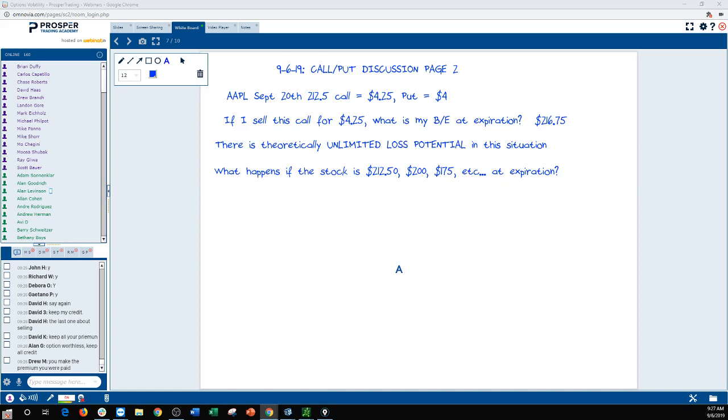So I am essentially short stock at 212 and a half, which is the strike price, but I've collected $4.25. So essentially I'm short stock at 216.75 with unlimited upside loss potential. Stock goes to 500, 1,000, whatever it is, I am in a world of hurt.